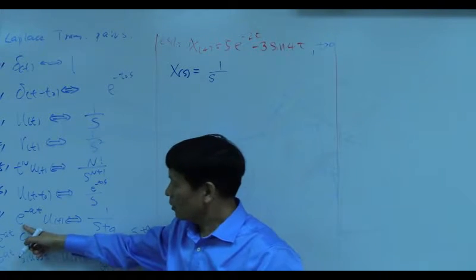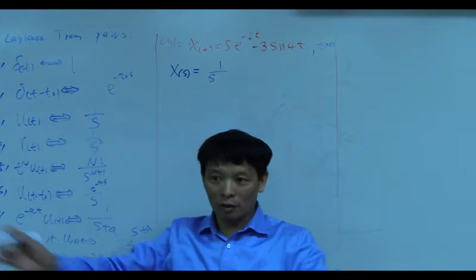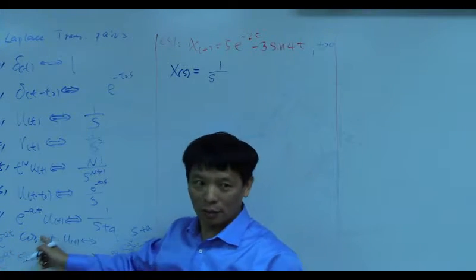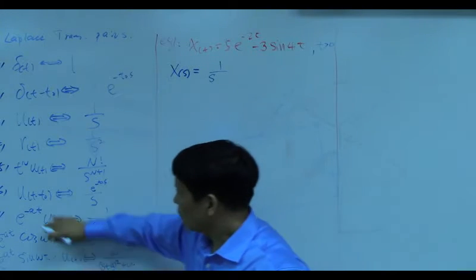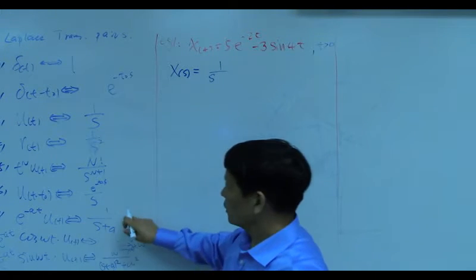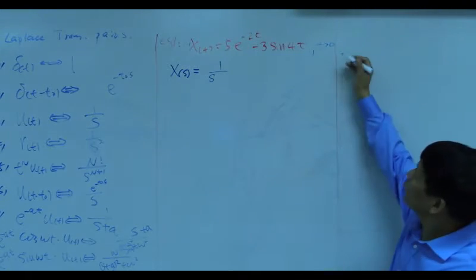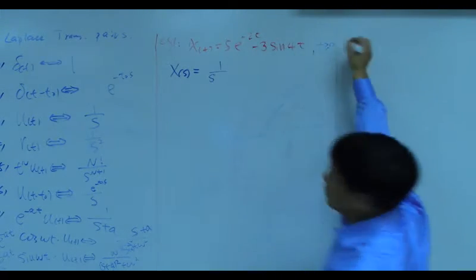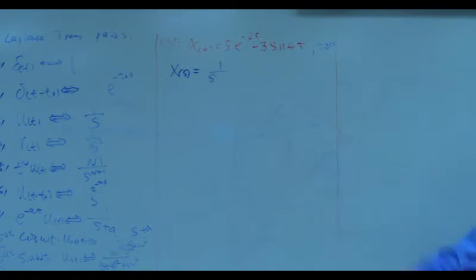Because this one is defined on all time, but the ut is only defined for positive time, including 0. If you don't like writing ut, you just write t greater than or equal to 0. You can write everything here, then times ut, or you can just write t greater than 0. That's the same thing, right?